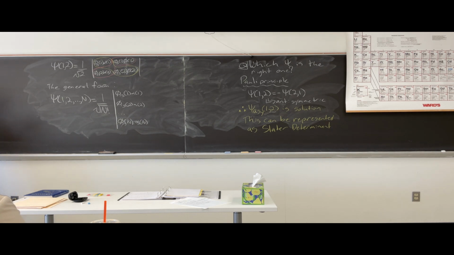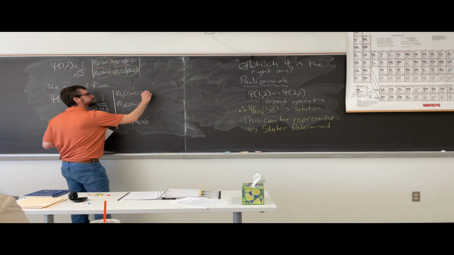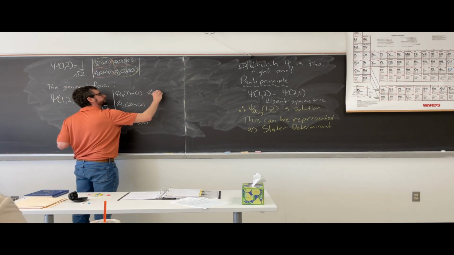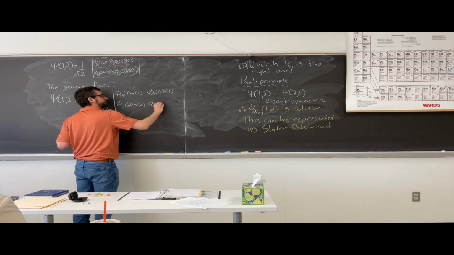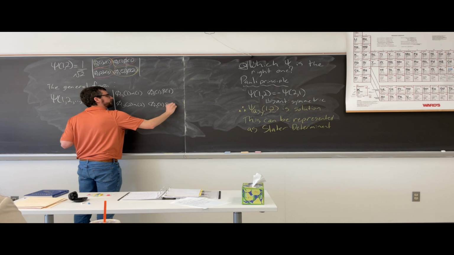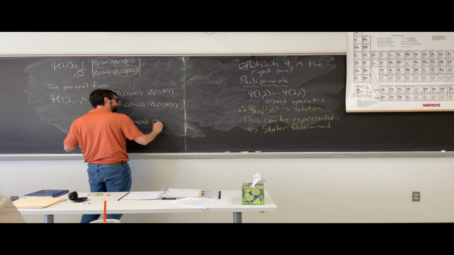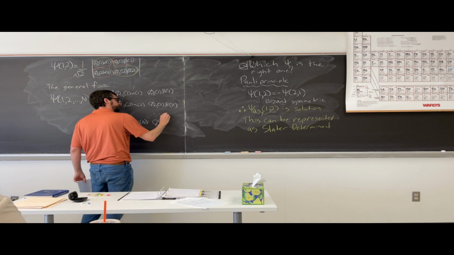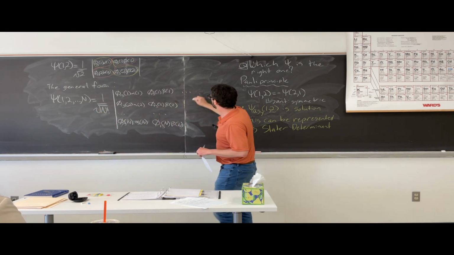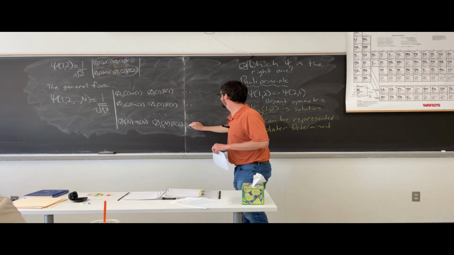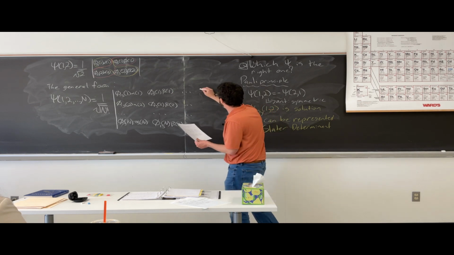What would the next column look like? Yep. 1s2, beta 2, dot, dot, dot, n, beta, n. And that would continue until you got to whatever orbital you need to get to.